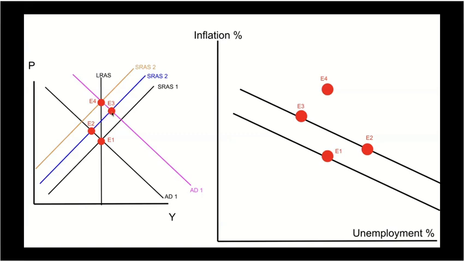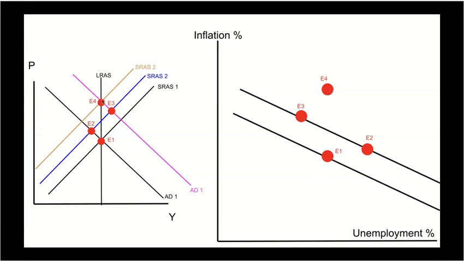But the main thing to note is that from E3 we have a lot less unemployment, so more output, and at E4 we get shifted back to a period of full employment, so potential output. So it is technically lower output, so that's why E4 is to the right of E3 to indicate a higher unemployment level than E3.